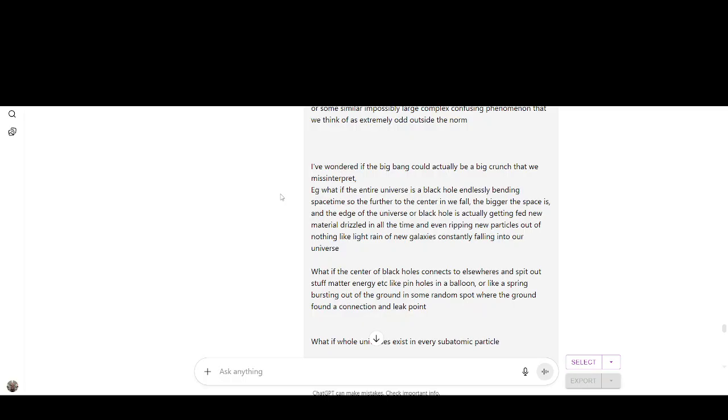But what if space-time is actually really easy to bend and twist and shape around, but we exist inside? What if we exist inside a black hole, which is essentially stressing space-time to some degree already, and the black holes that we see are black holes inside of black holes?